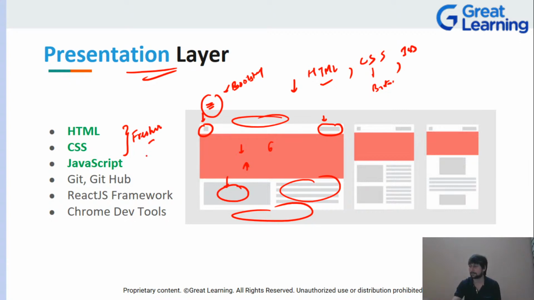Quickly give me a confirmation of how many are freshers. Just write F, and if you have experience of more than 1 year, then write E. If you are a fresher, that means less than 1 year, then write F quickly, guys, so that I can manipulate my session accordingly.